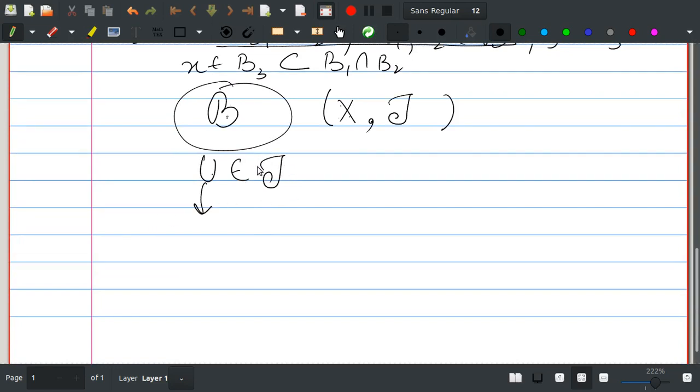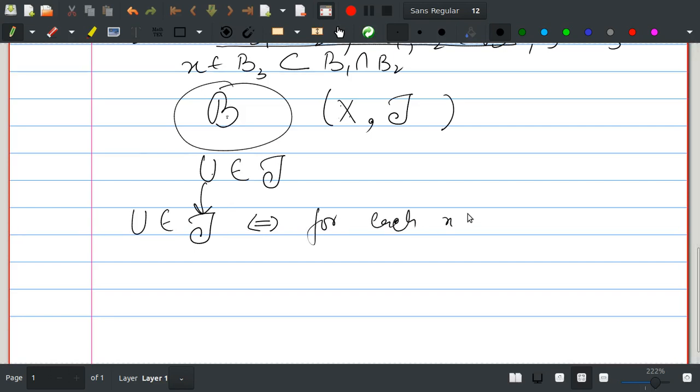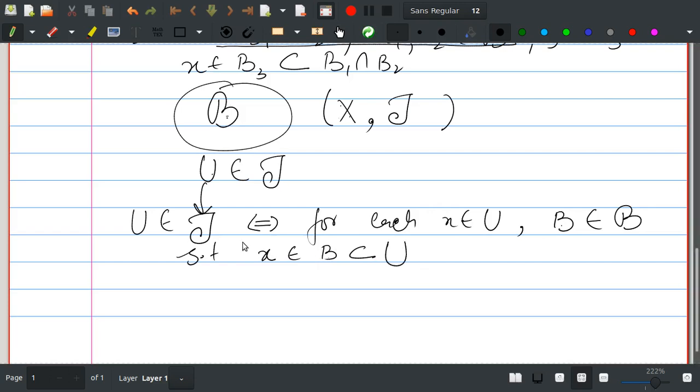So we say that U is in this fancy T if and only if for each x in U we should be able to find a basic element B in fancy B such that this basic element contains this little x, and this basic element must be a subset of U. So this is the criteria for U to be in this collection.